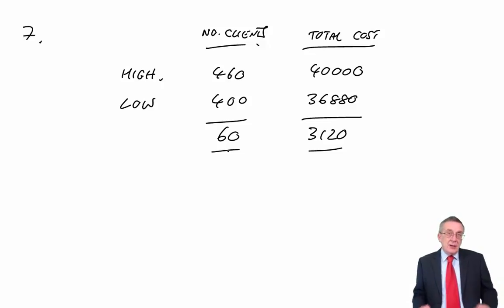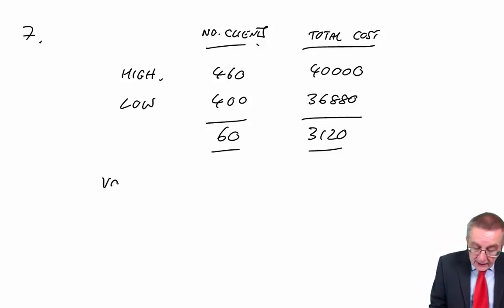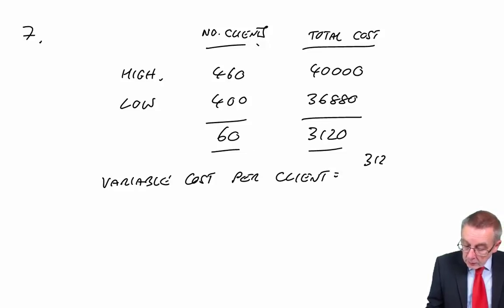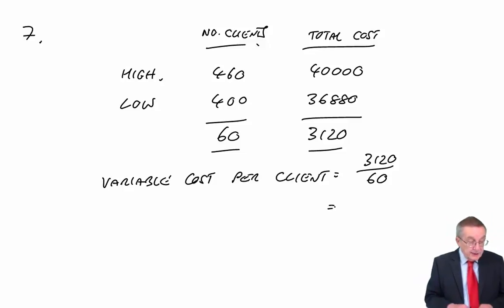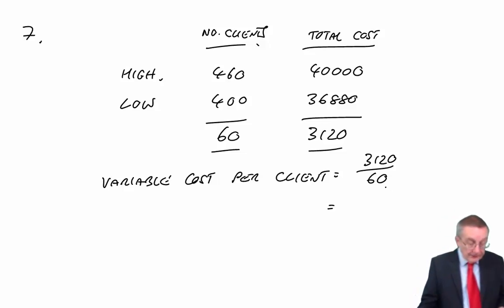Any fixed cost will stay unchanged. And so it does mean the variable cost per client, there's an extra £3,120 for an extra 60 clients, which is £52.